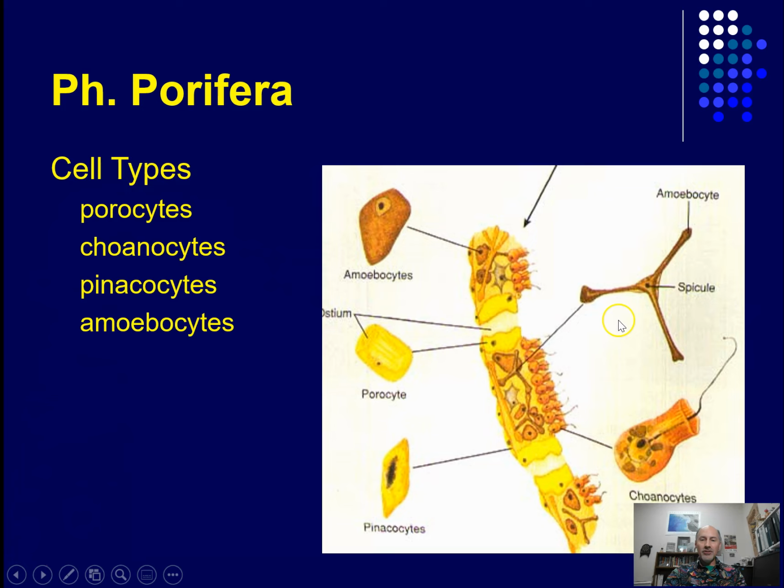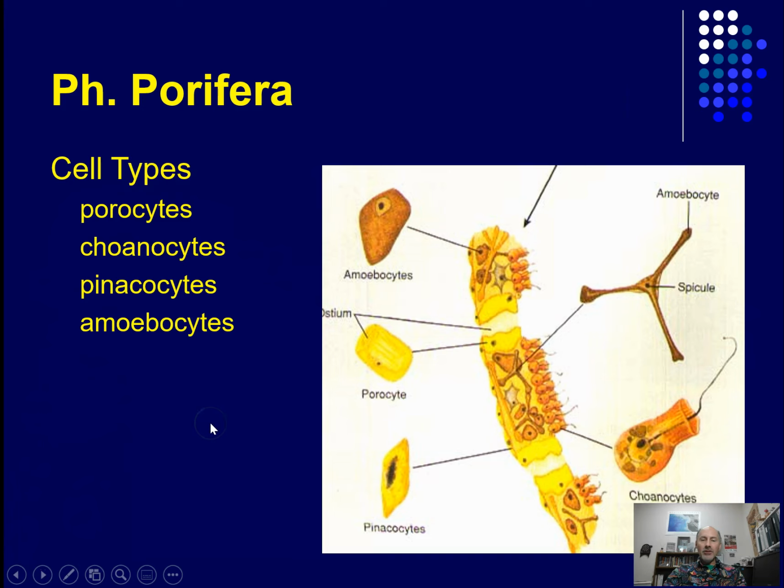I'll show you some of those in just a second. They provide that rigid framework, and secreted around it is a gelatinous material referred to as mesohyl. That mesohyl is sort of like concrete, and the spicules are like reinforcing rebar that gives it a little bit of strength.